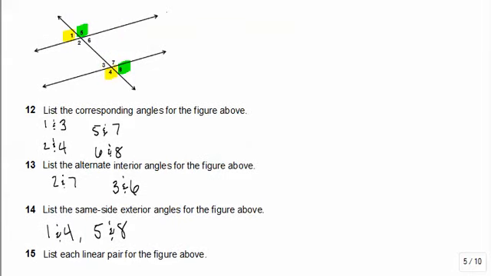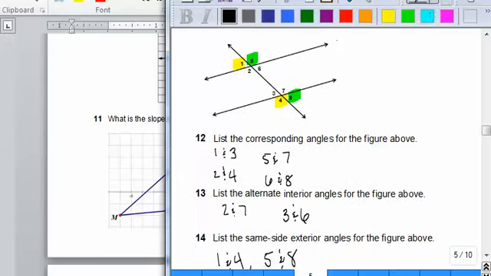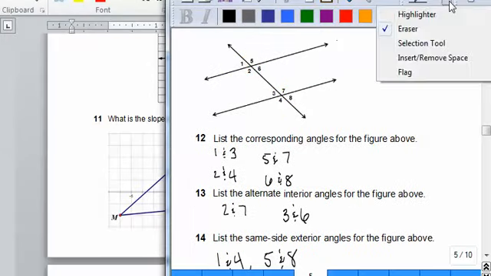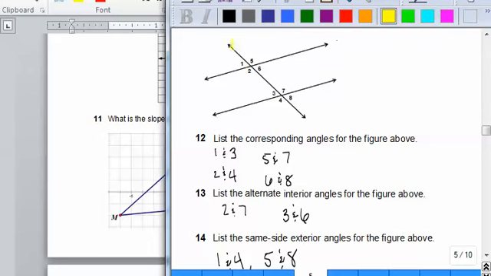Each pair of linear pairs. This is going to be a very, very long list, because a lot of them overlap. So 1 and 2 are a linear pair. 2 and 6 are a linear pair. 6 and 5 are a linear pair. And then 5 and 1 are a linear pair.